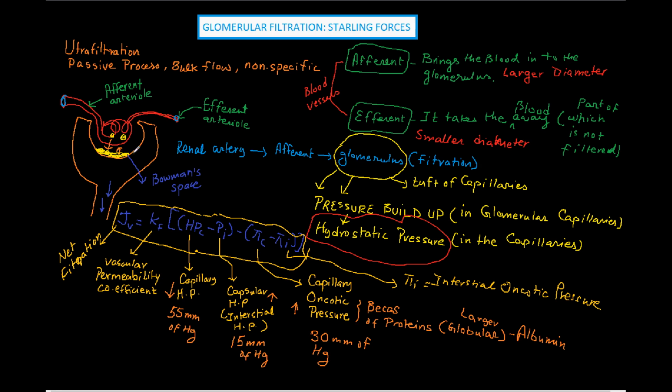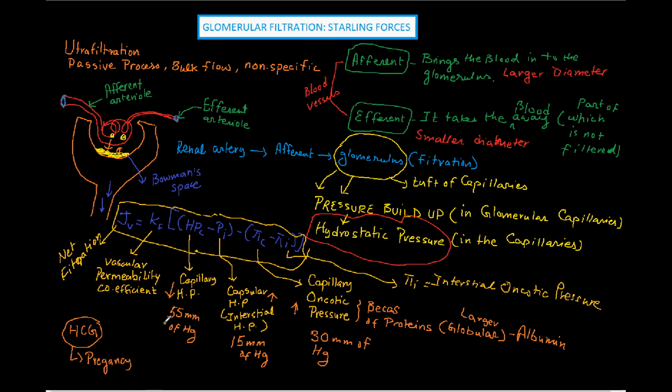But since there's almost none, it's not that some small proteins are not present in the urine. There's a small protein called HCG. That's the protein found in the urine of women when they are pregnant, during their pregnancy test.